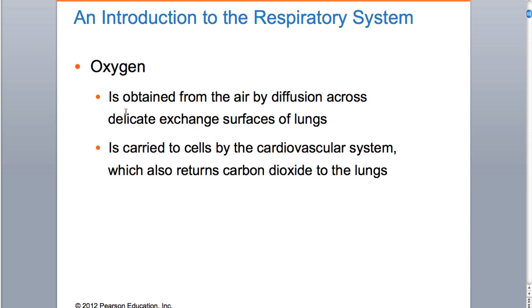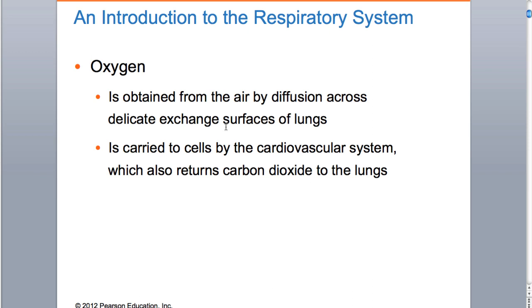In this slide it says it is obtained from the air by diffusion across the cell, or in this case the exchange between the lining of the lungs, the alveoli that we'll see later, along with the cells and blood vessels. So there's going to be several relationships here, and each of them, whenever we have the movement of oxygen as a gas, we're going to be moving by way of diffusion.